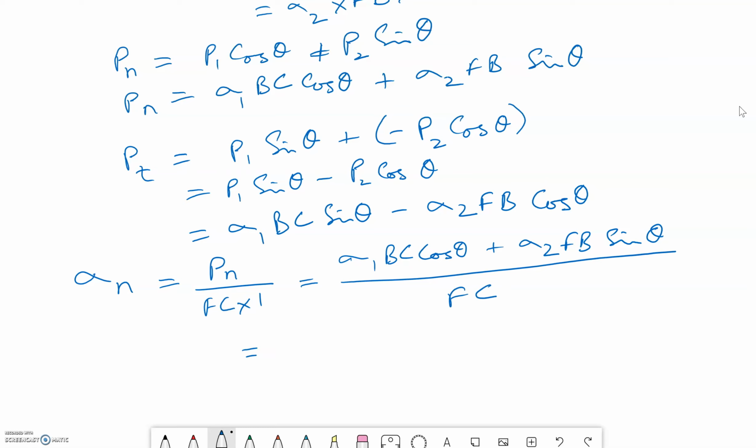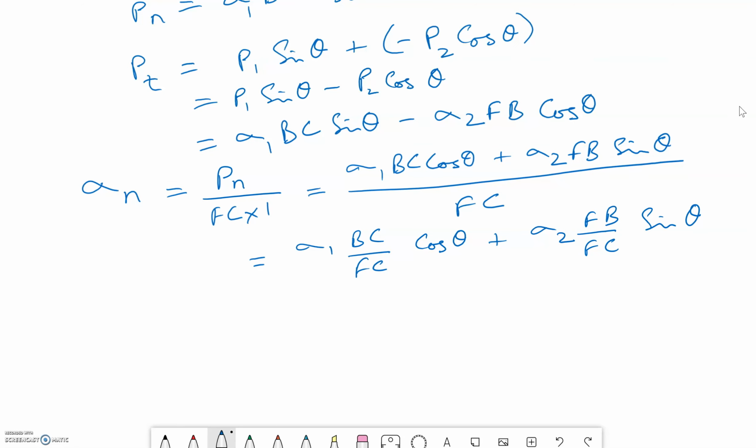Now we can resolve this further: sigma 1 BC by FC cos theta plus sigma 2 FB by FC sin theta. I've just split it and written BC by FC and FB by FC in a fashion where I can now convert this into our sine and cos language.